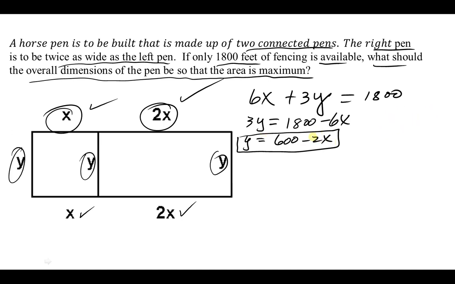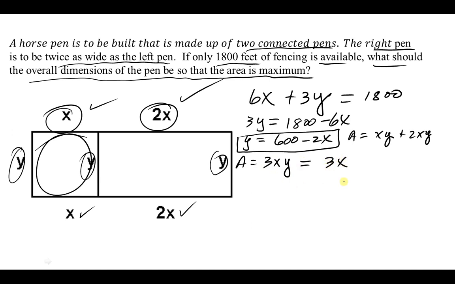Well, the area is going to be xy, which is this area, plus 2xy. So the area is going to be 3xy, and substituting for y, which is 600 minus 2x, we get that the area of the total pen is going to be 1,800x minus 6x squared.